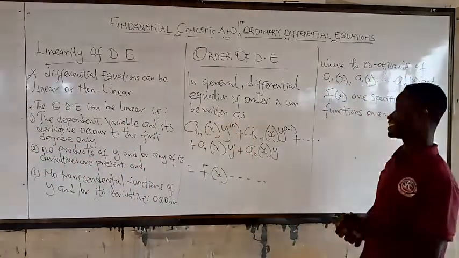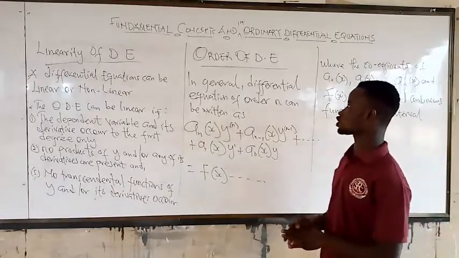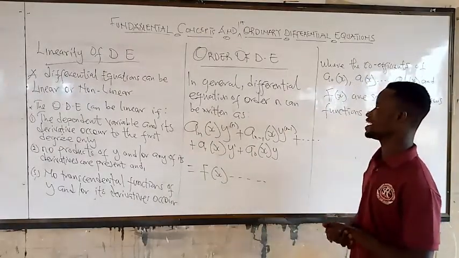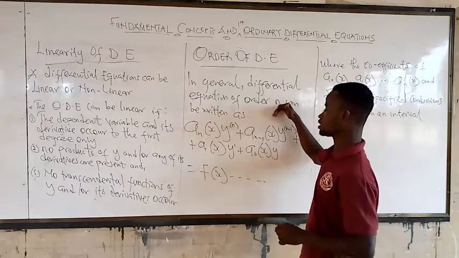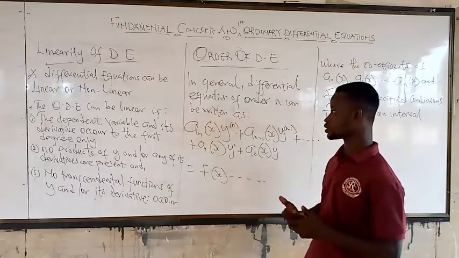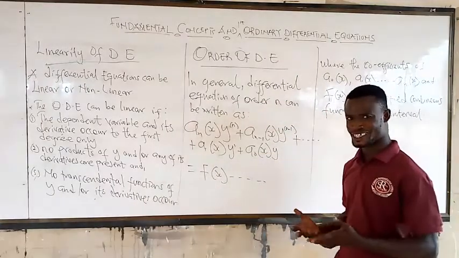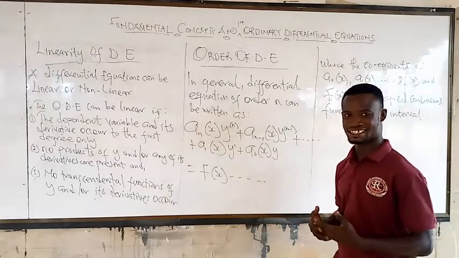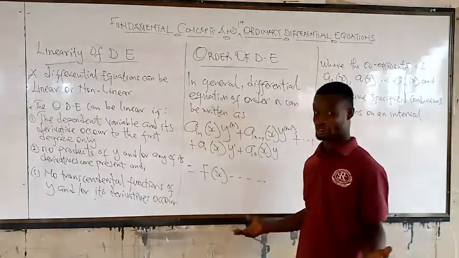Alright, welcome back. Let's continue. Now we are looking at the order of differential equations. When we talk of order, we mean the way something is arranged. I hope it's clear.